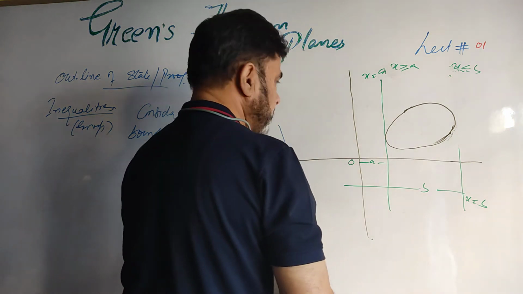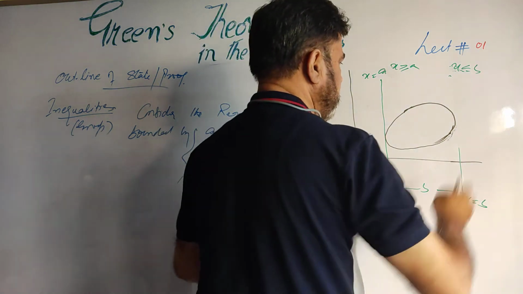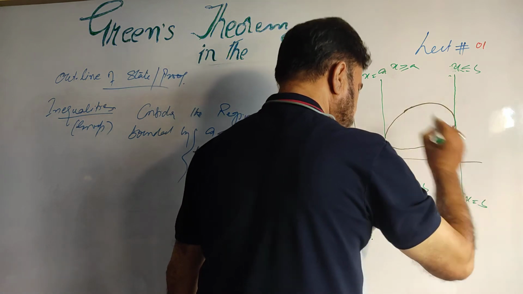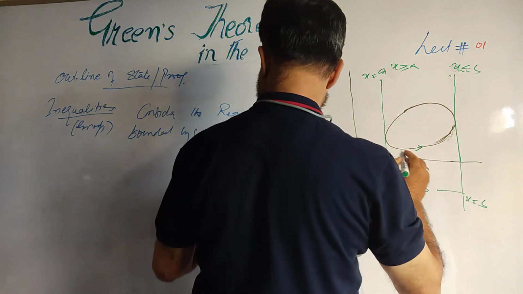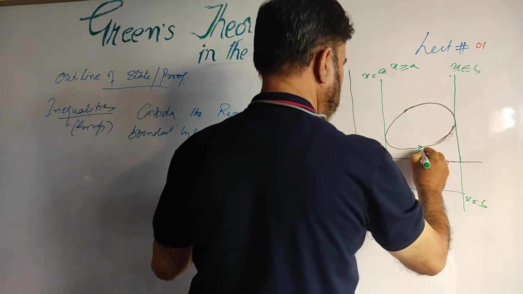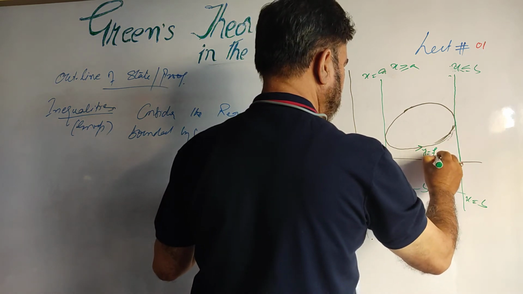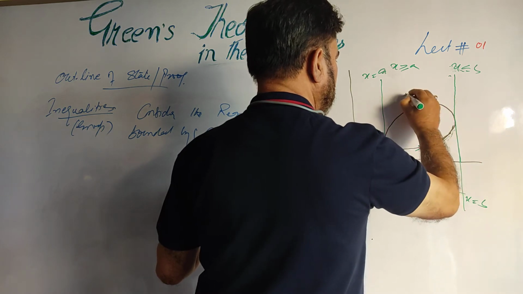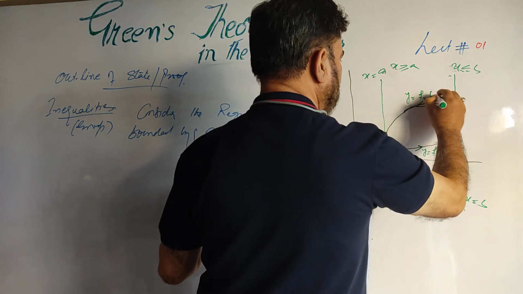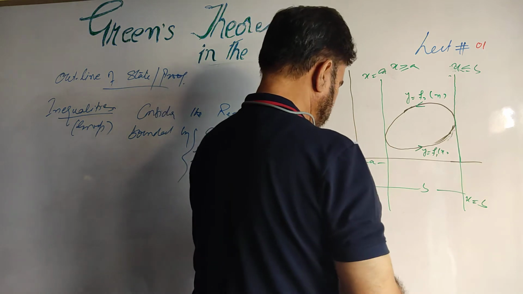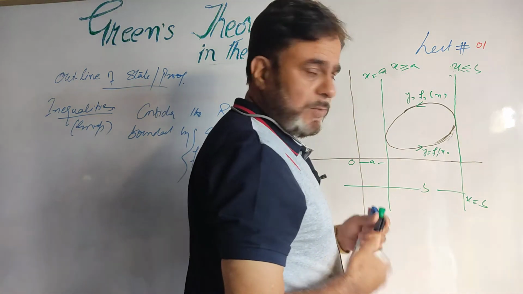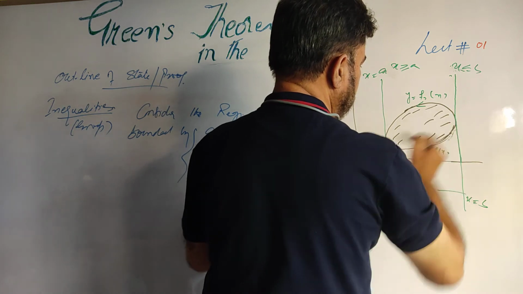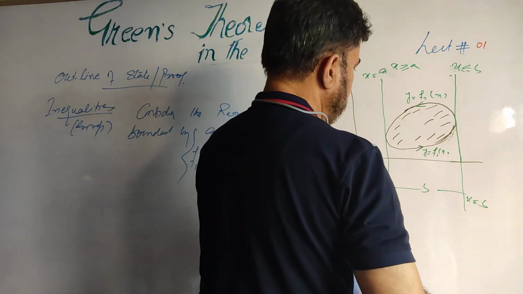This is y equal to f1(x). This is y equal to f2(x). And this will be your region. I am just giving you the notion of how to draw the closed path. This will be your region R.